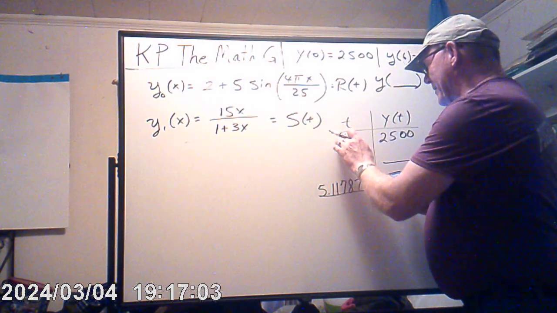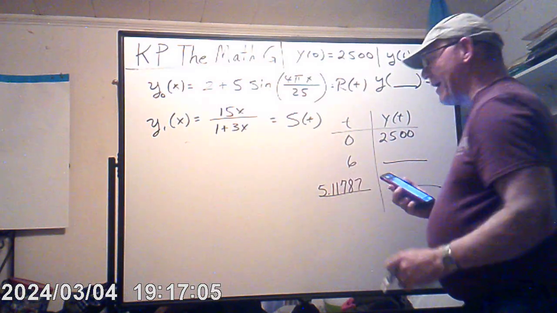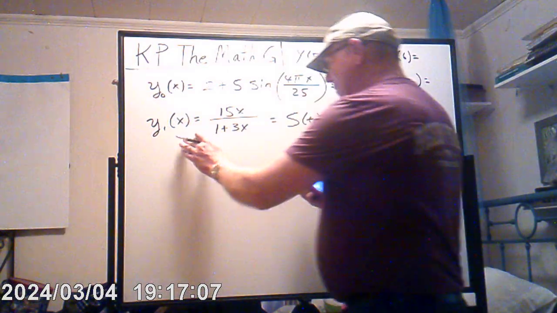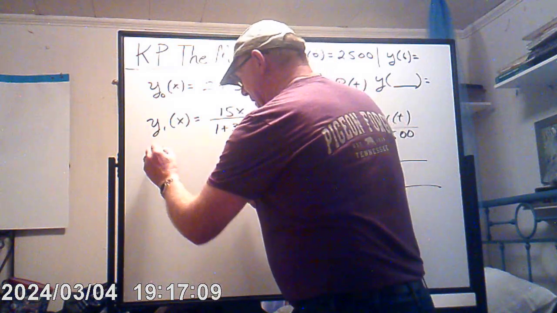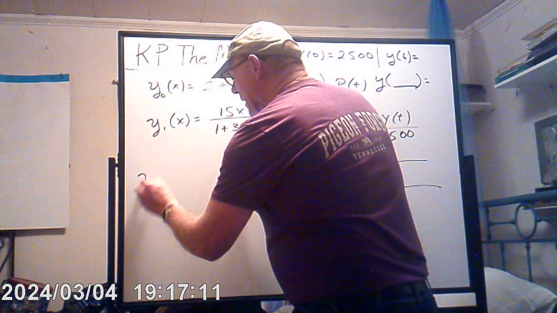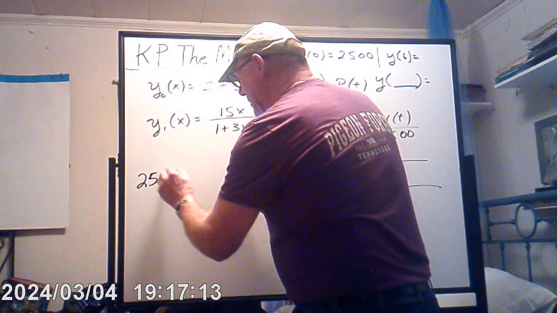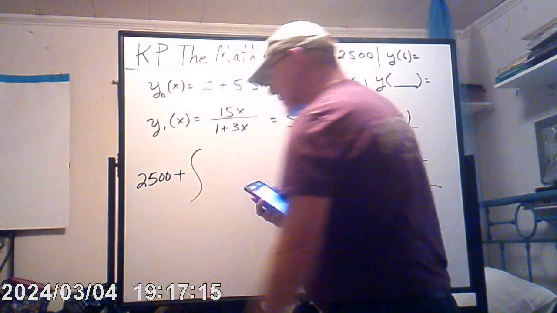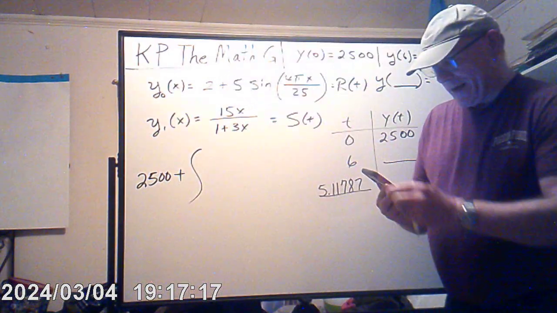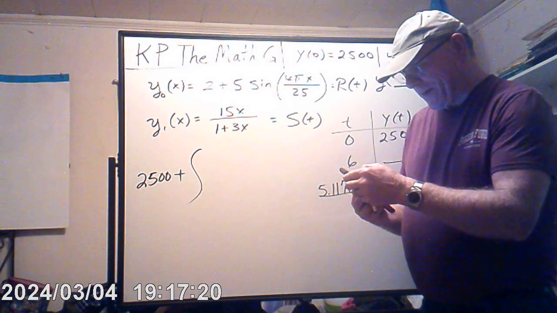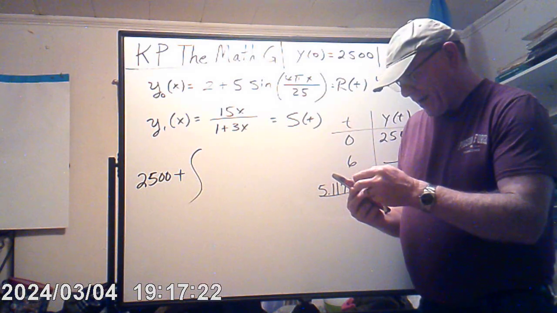So I'm looking at 0, which we already have. Now, what I want to do is integrate, and I'm going to add 2,500 to this. I integrated first, and at the end I got plus 2,500.